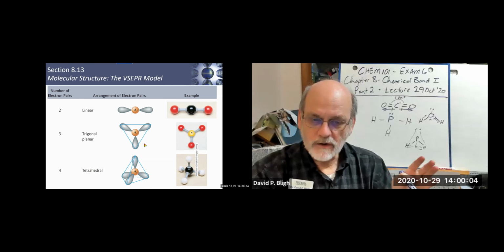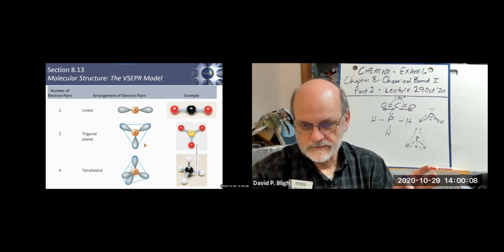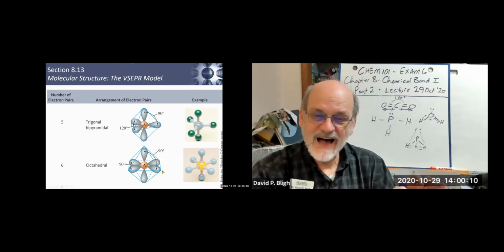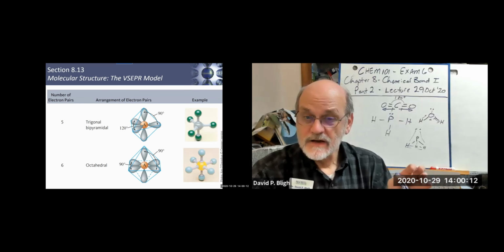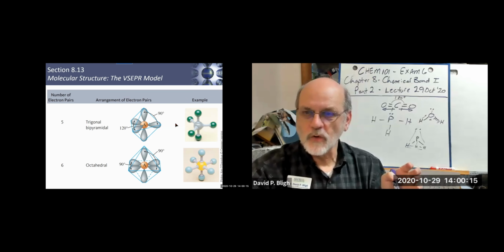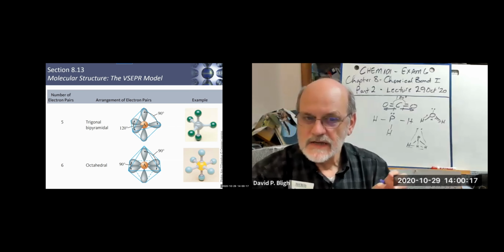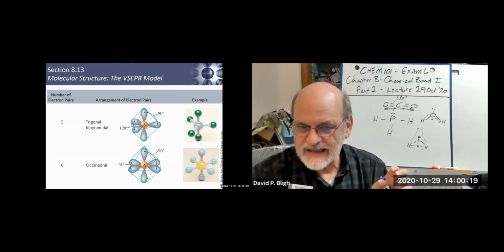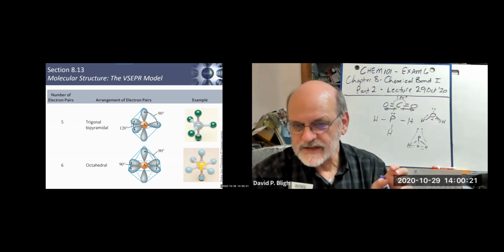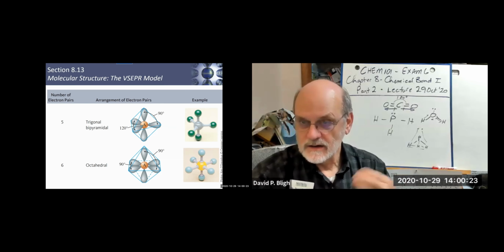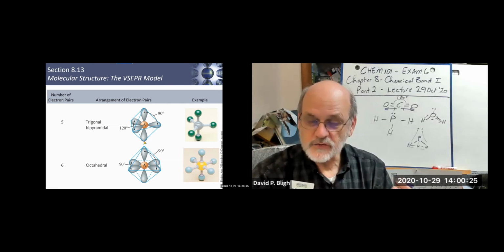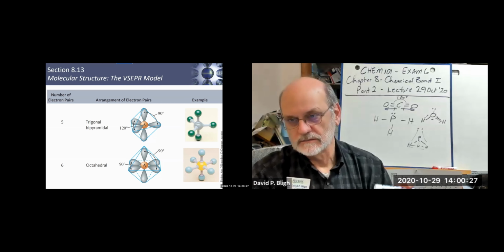If you have 4, then the tendency is toward tetrahedral structure. What if you have 5? Well, the best arrangement for the electron groups is trigonal in this plane, but with an apex here and an apex here, opposite one another. So that's trigonal bipyramidal.